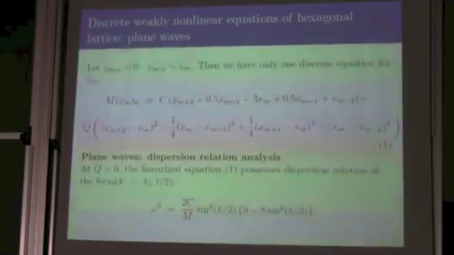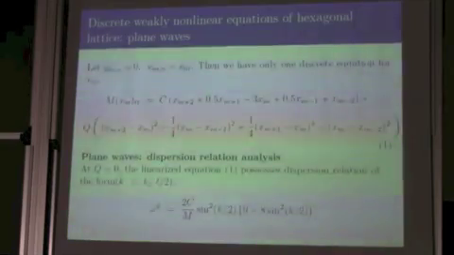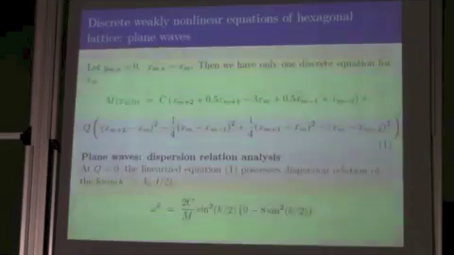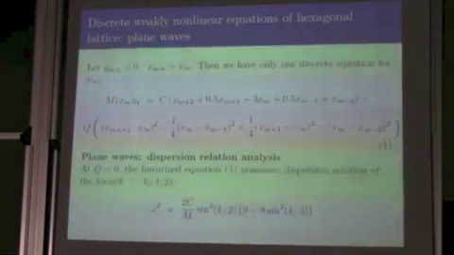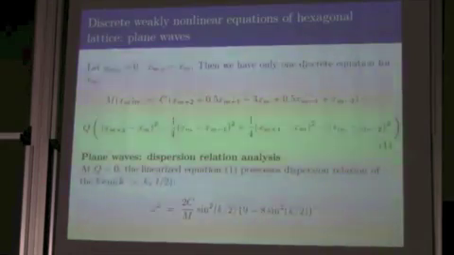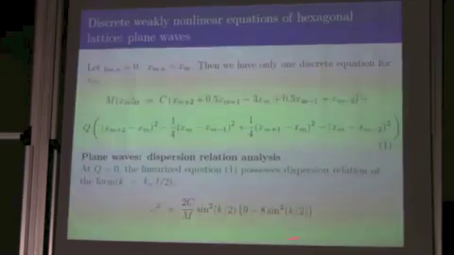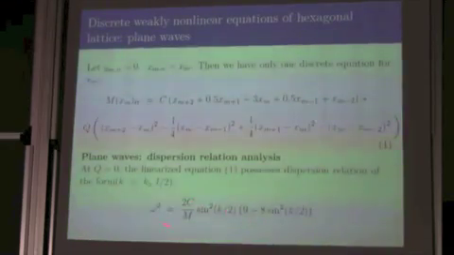Before proceeding with the analysis of the nonlinear equation, it's useful to find out some results using the linearized version. So forget about this part for a moment, and let us try to find the dispersion relation. And it seems that this dispersion relation has the following form.